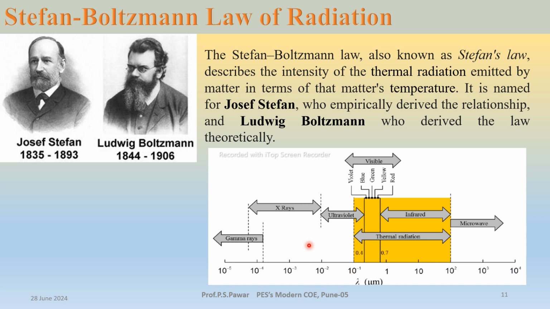As the wavelength decreases, you can observe ultraviolet rays, x-rays or gamma rays, and then infrared. So 0.1 to 100 micron is the range where the wavelength for thermal radiation lies.